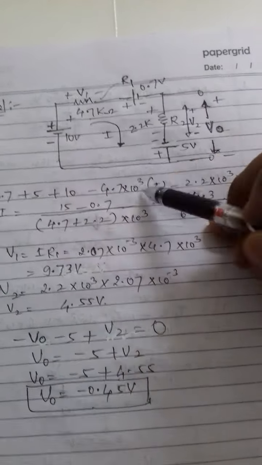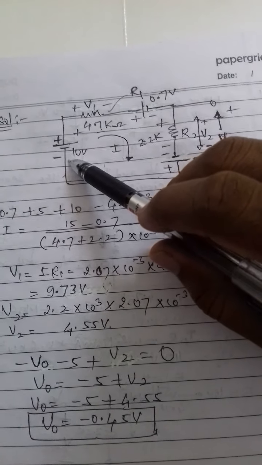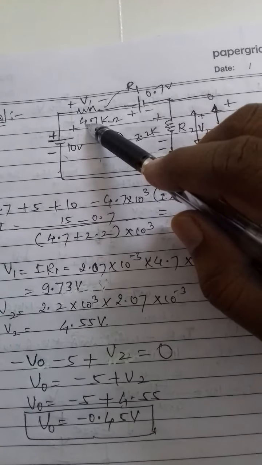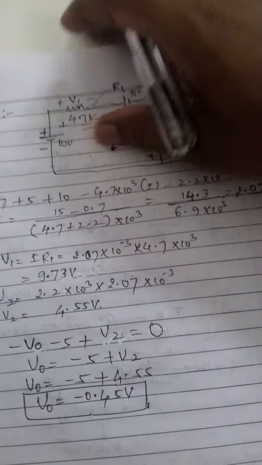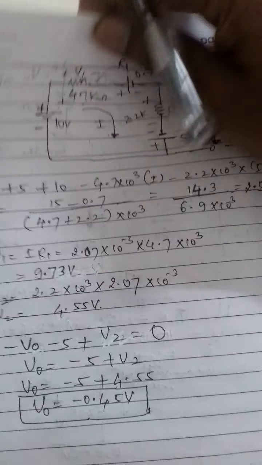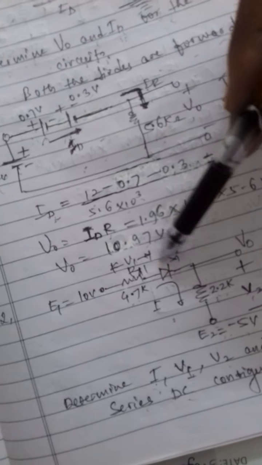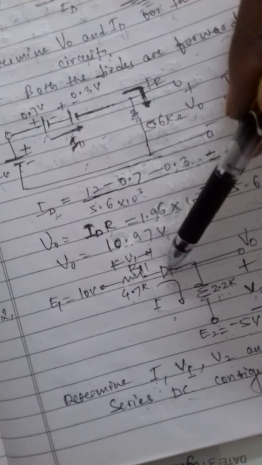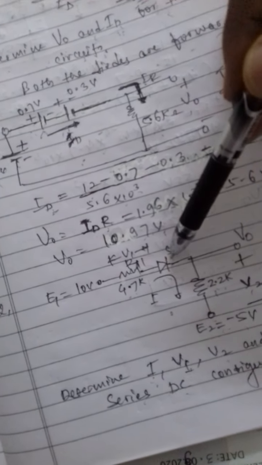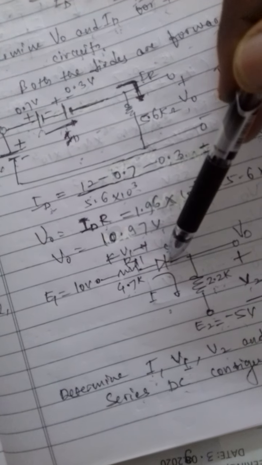Now here 10 volts is the input voltage, 4.7 kilo ohms is the resistance R1, and it is mentioned that it is a silicon diode. So when the diode is on, the cut-in voltage is 0.7 volts.